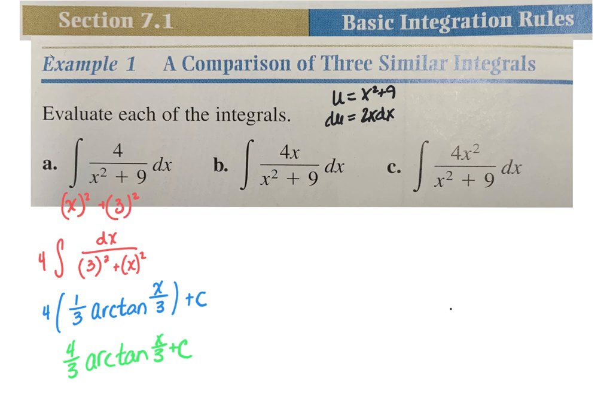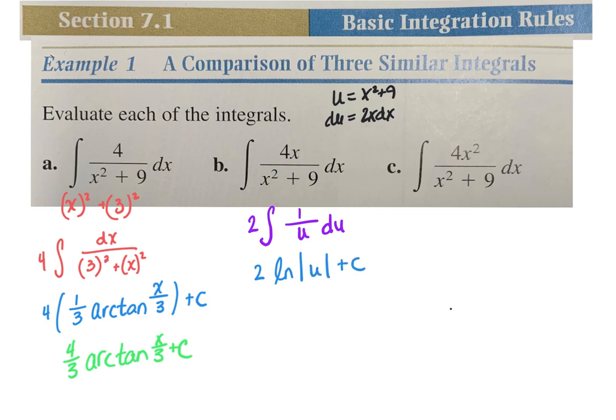And so for this one, I have 2, and then I have 1 over u du. Correct? What is my antiderivative for 1 over u? Natural log, right? So I would say 2 times the natural log of u plus c.